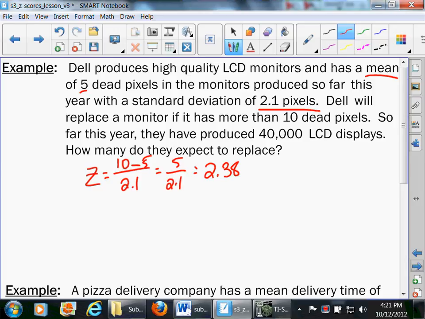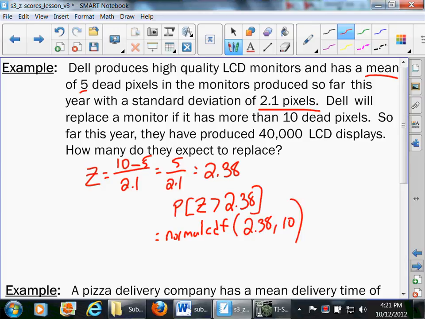So what we want to do is find the probability that z is bigger than 2.38. To do that, again, we're going to go to the normal CDF. And now our lower bound, because it's greater than 2.38, is going to be 2.38, and then we can just go up to 10.